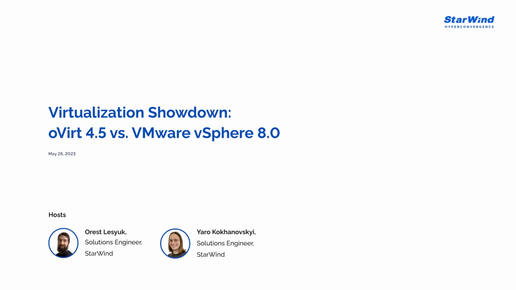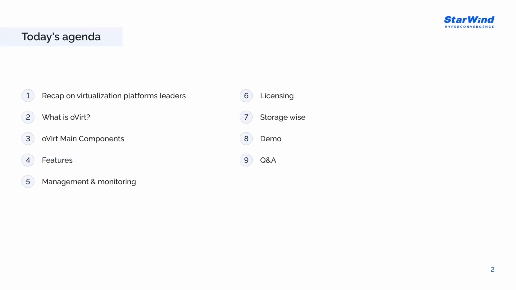Okay, so let's make a brief agenda overview before we move on to the presentation and the topic itself. We're going to make a short recap of the previous webinars, because we had a series where we also looked at vSphere and Microsoft with Windows Server and Hyper-V.